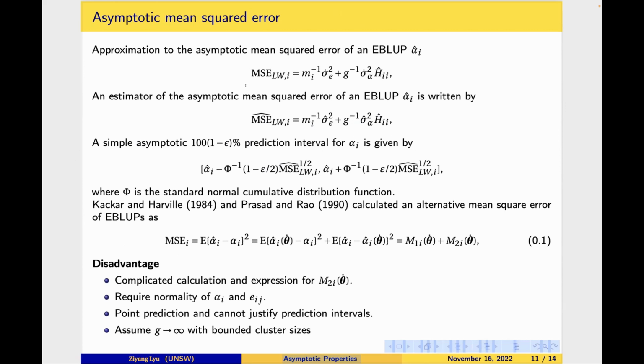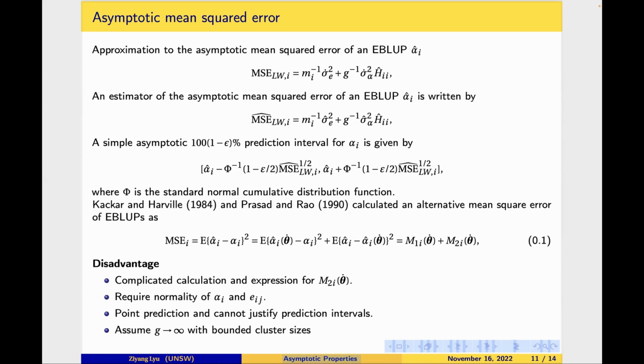When we get the approximate asymptotic mean square error, Kackar and Harville in 1984 and Prasad and Rao in 1990 calculated an alternative mean square error of the E-BLUP. Writing down the general expression is one thing, but the specific expression is very complicated, and they have some disadvantages as I show here.